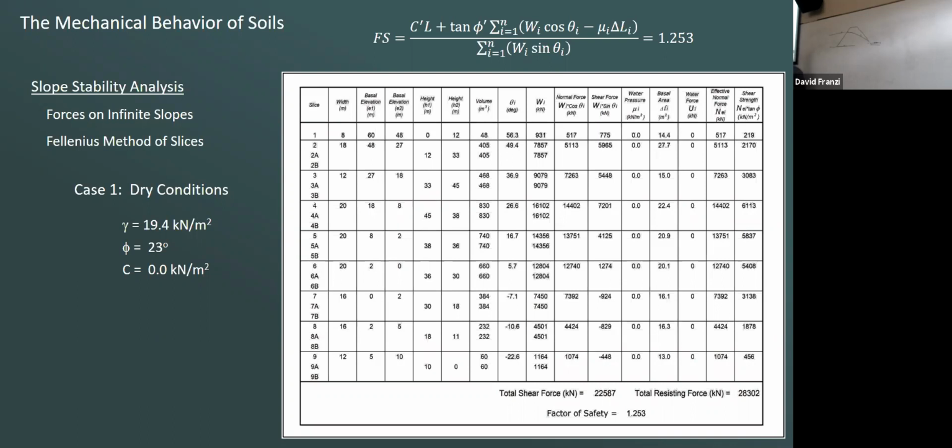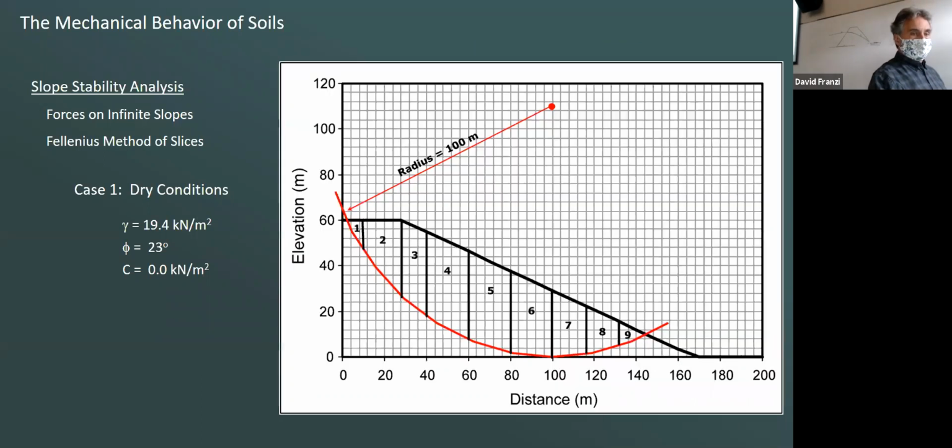I do the same thing with slice number 2. Okay, so what is that? 4, 8, 12, 16, call it 18 meters wide. You just put all these dimensions into the model and calculate all of the forces.